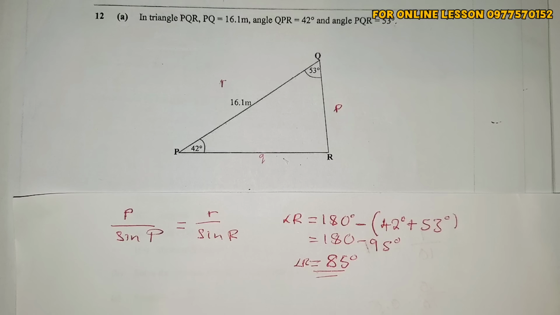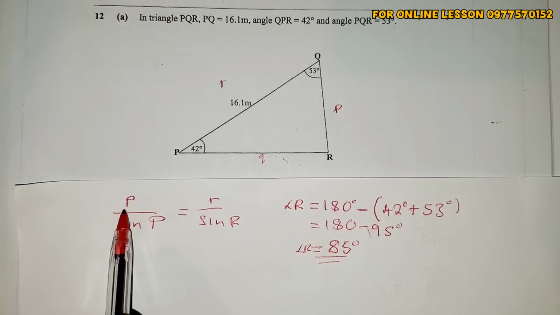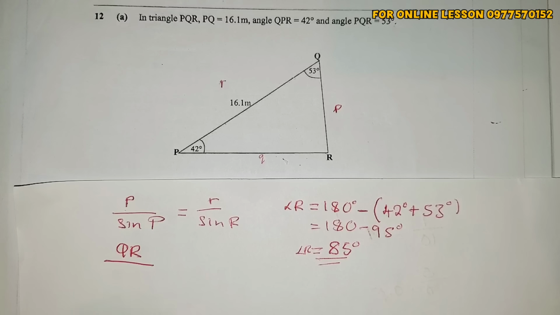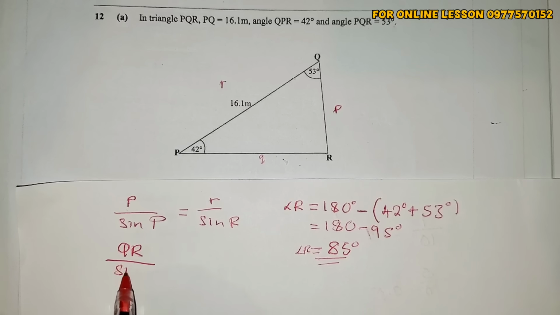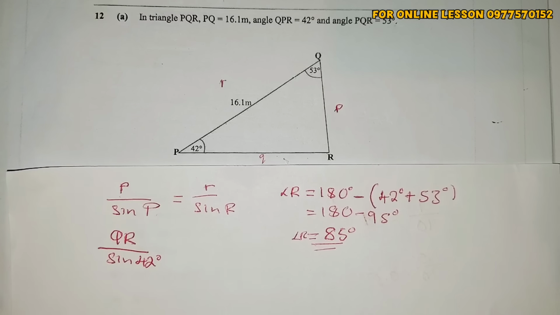Let's now solve what you're supposed to do. Let's substitute. I'm going to substitute the small letter p with QR. That's the side we are calculating. Then sine, what is the angle P? 42 degrees. Okay, let's hope you are following.